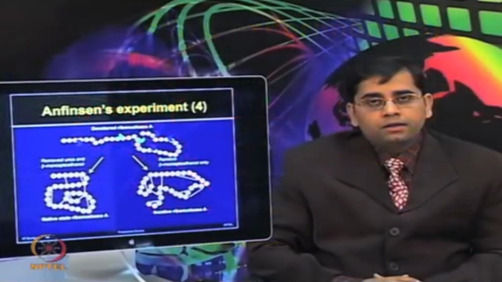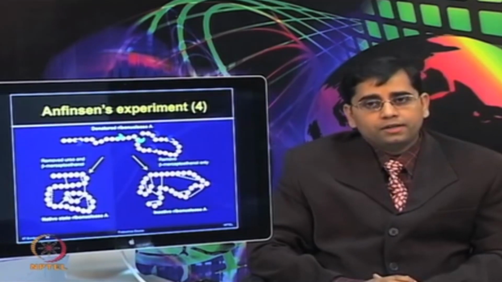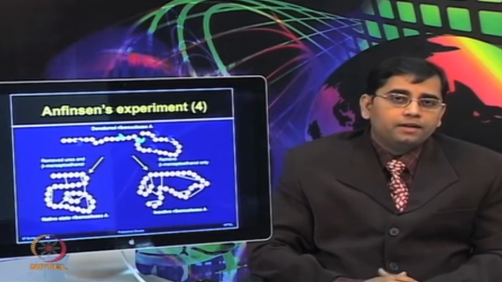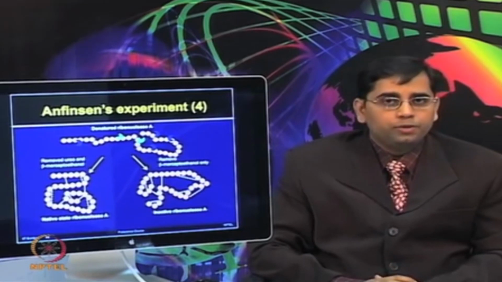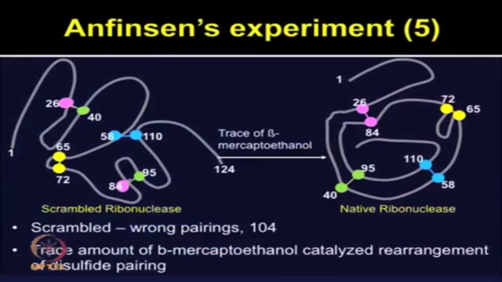In the absence of urea, the correct disulfide bridge formation occurred, and it allowed a folded and thermodynamically stable state to be reached in the ribonuclease protein. Now, this figure shows that in the presence of a trace amount of beta mercaptoethanol and complete removal of the denaturant urea, the refolding of ribonuclease was accurate and 4 intra-chain disulfide bonds were reformed in the same positions where they were expected in the native ribonuclease.